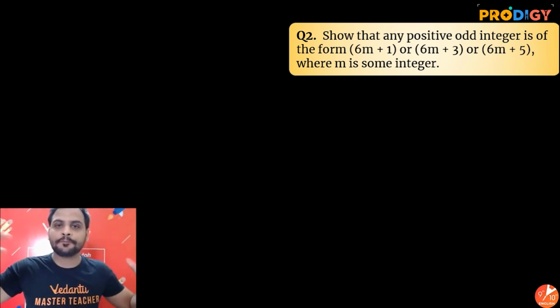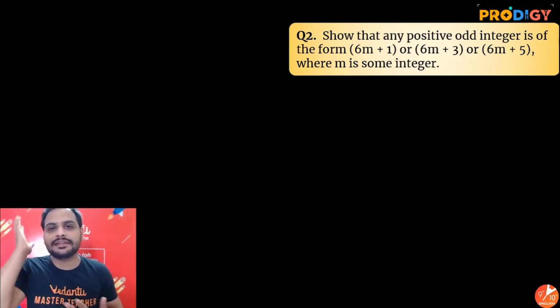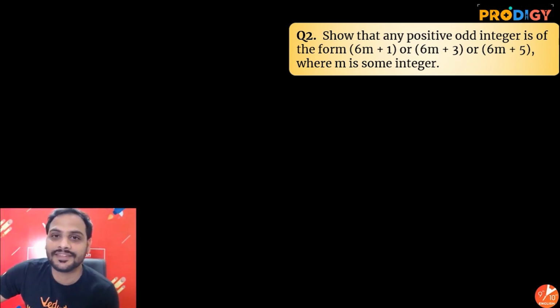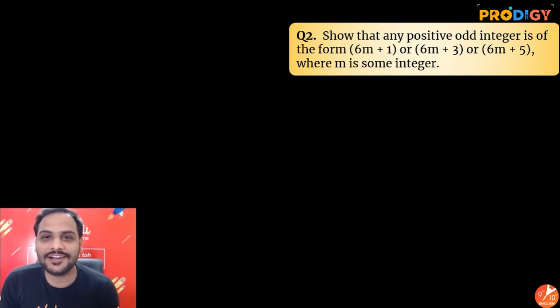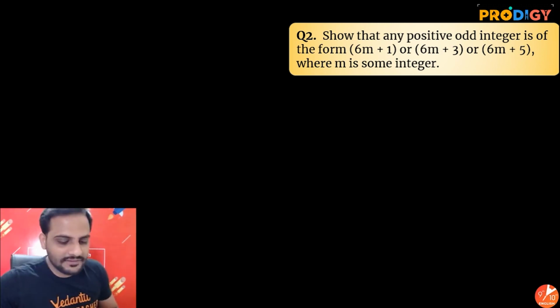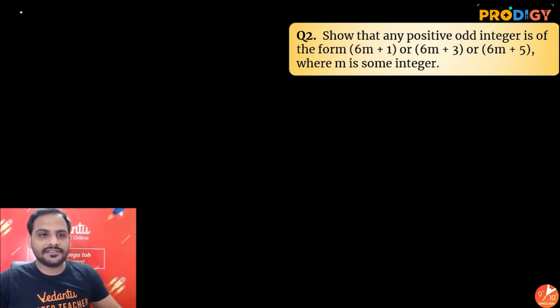If you apply the logic clearly, you can see it is 6m plus 1, 6m plus 3, 6m plus 5. So plus 1, plus 3, plus 5 are your remainders, and m is the quotient, a whole number. So the divisor is 6. I will choose my divisor as 6.